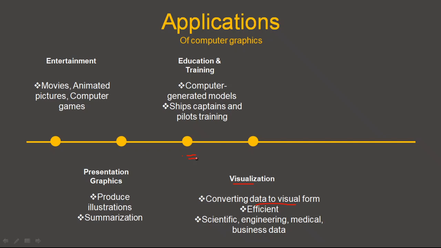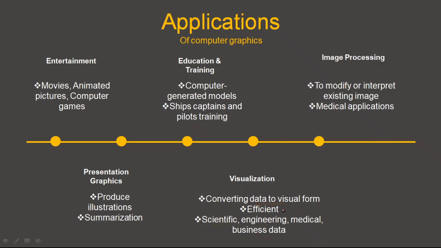It becomes more efficient. This process is called visualization, converting the data to real form in the form of charts or bars. Usually scientific, engineering, medical and business data are converted from data form to real form, which brings efficiency. And this is an application of computer graphics.